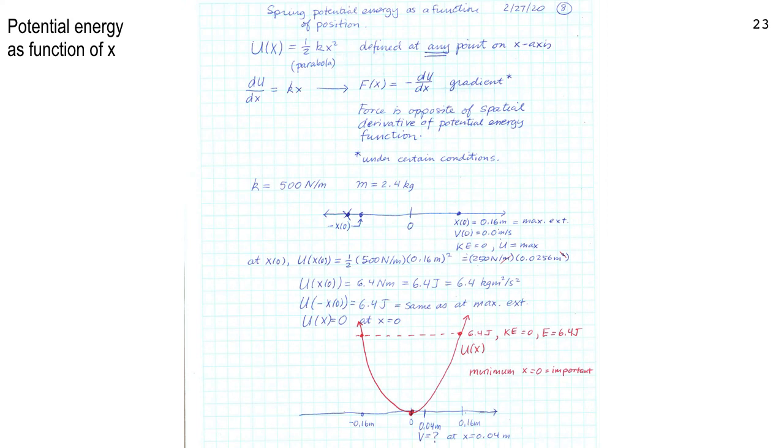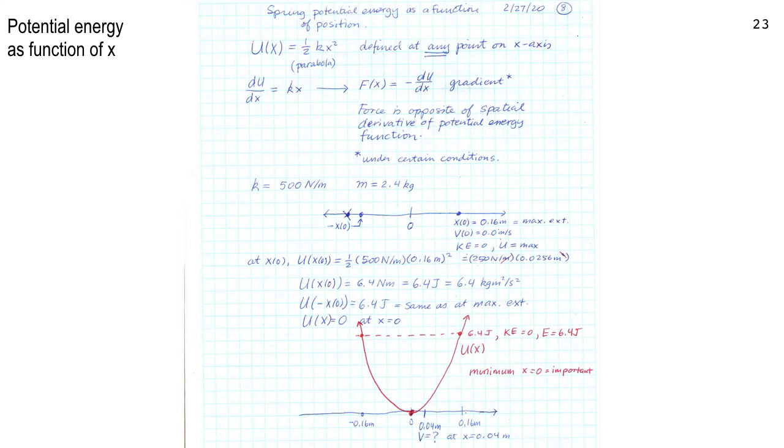I'm just making up some numbers. We'll do some calculations here. Let's say that we pull it out and hold it. So kinetic energy here is 0. Potential energy U is equal to maximum. Let's figure that out.